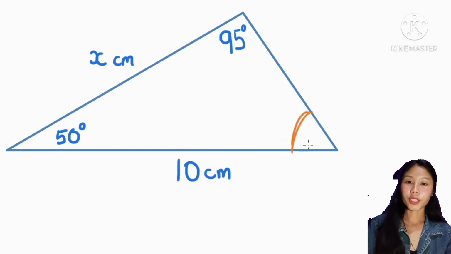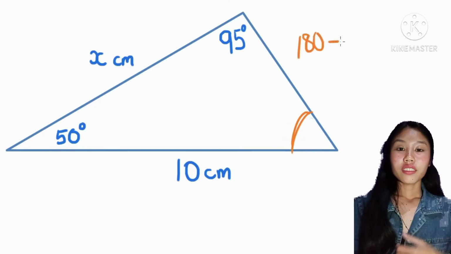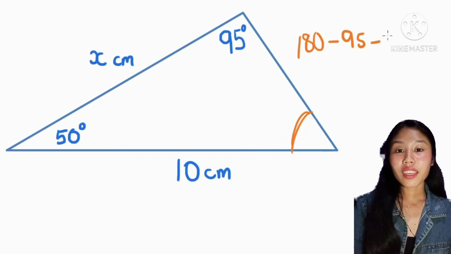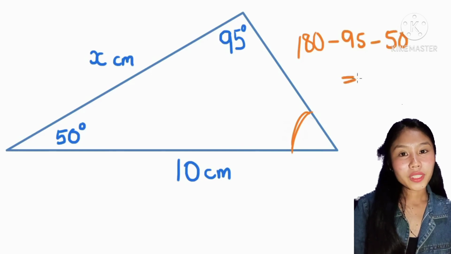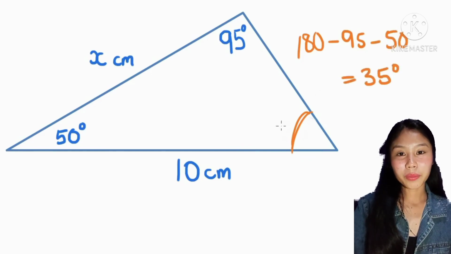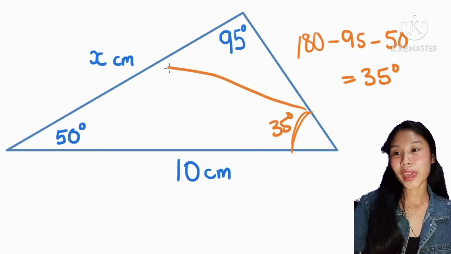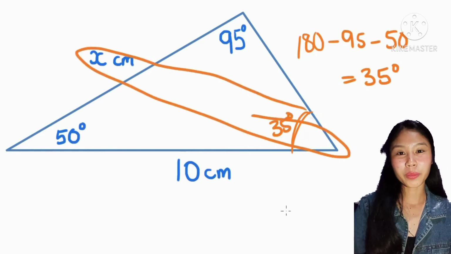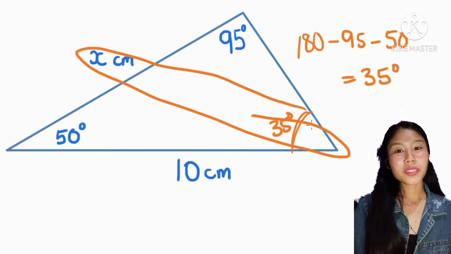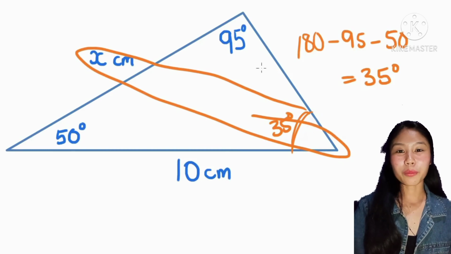Then we have 35 degrees. Now we already have the value of the opposite angle of the unknown number. Therefore, we have a matching pair with the unknown number. So now we are going to find the value of the unknown number.